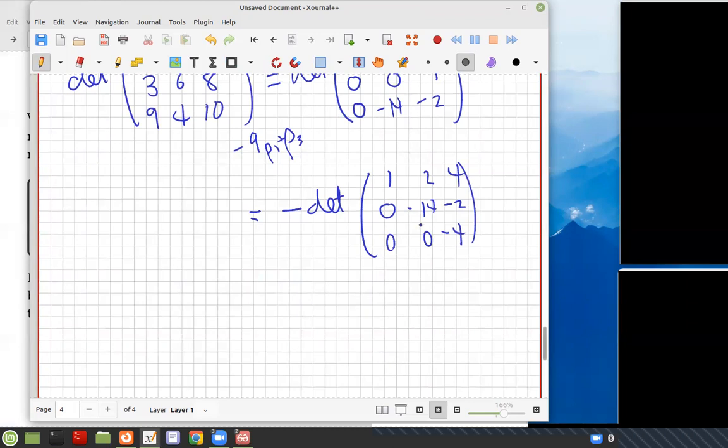Okay? Now, one of the things I can see right away is that this is an echelon form. Now, I can do a row operation to cancel this number and this number.